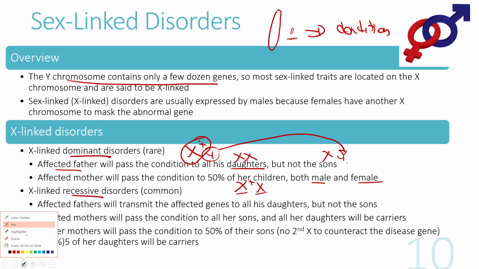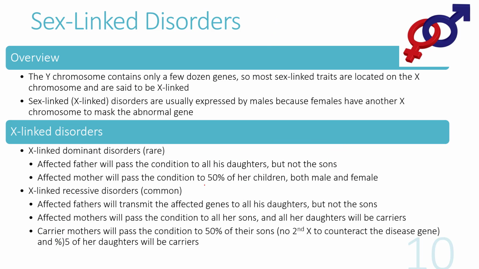X-linked recessive disorders means the gene needs to be found on both X chromosomes for a female, or for a male you only have one, right?